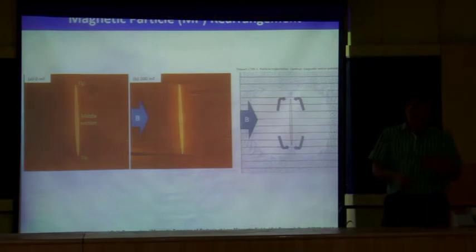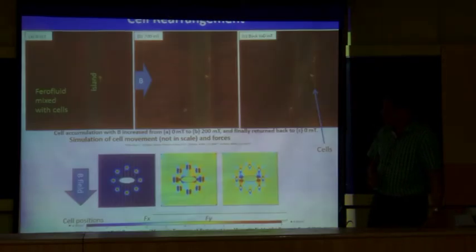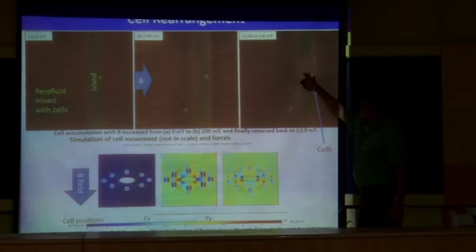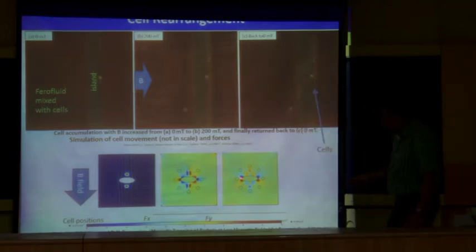So we did these experiments for cell capture without labeling. You cannot see much, the lighting is not good enough, but basically the cells come to the middle of the island, and the magnetic particles go to the end of the island.